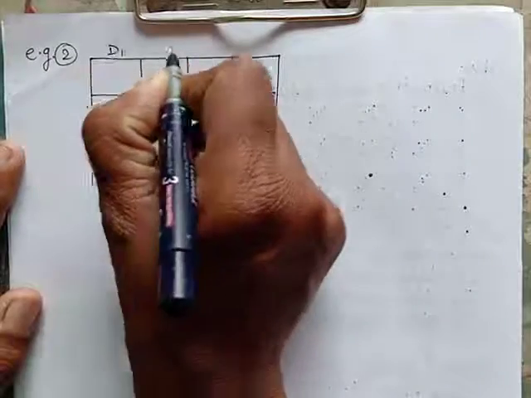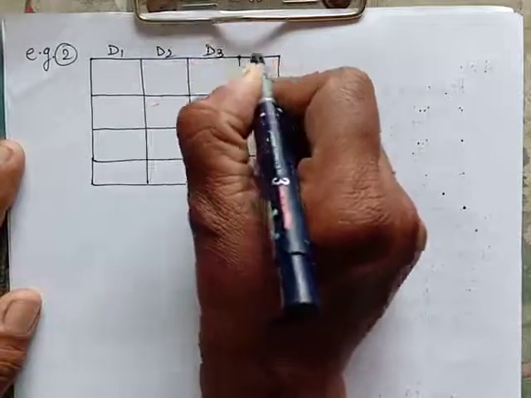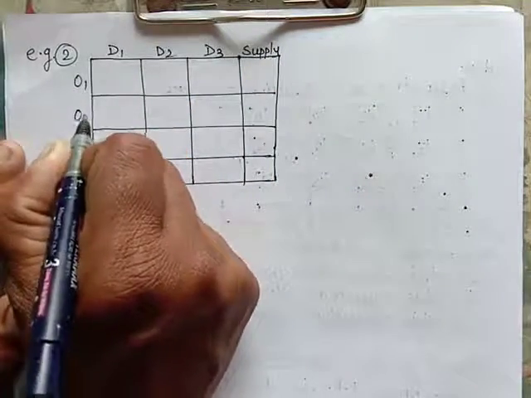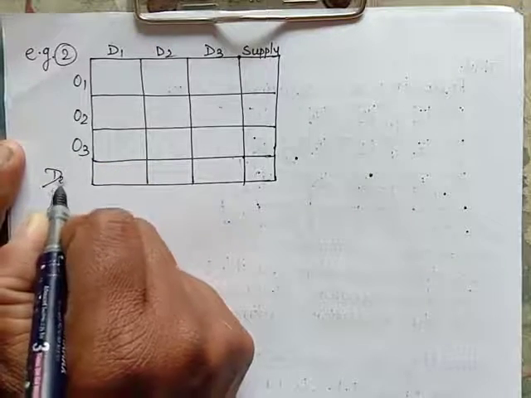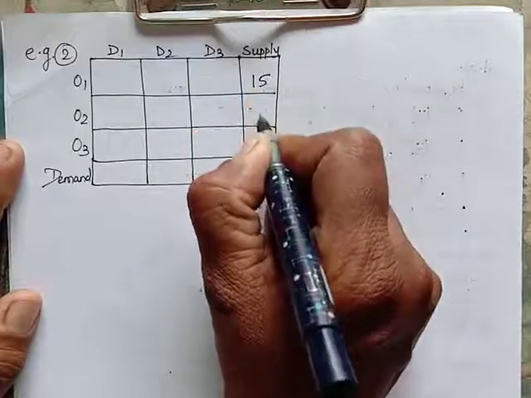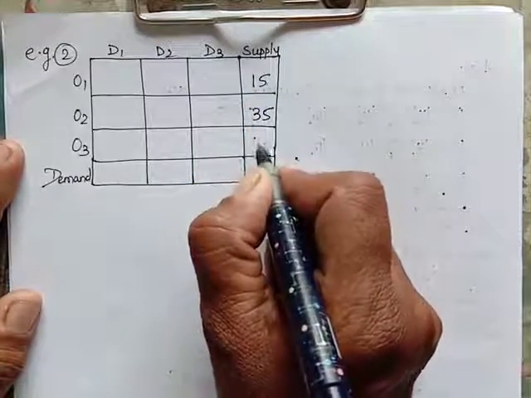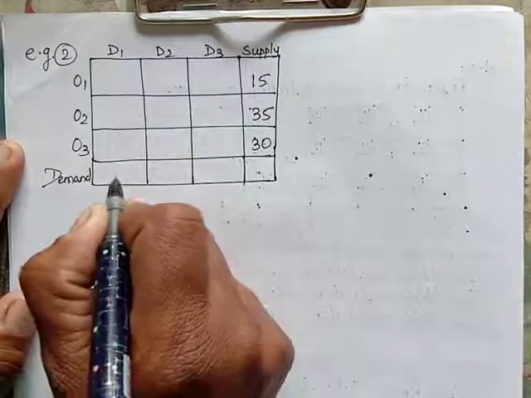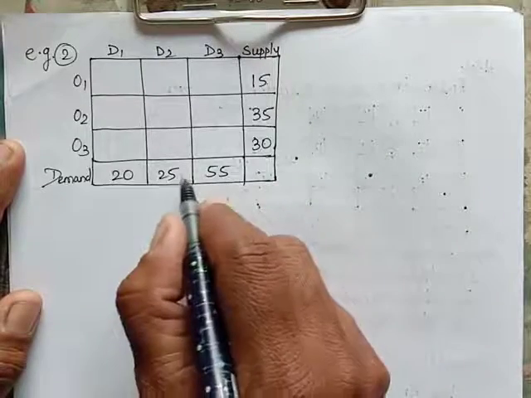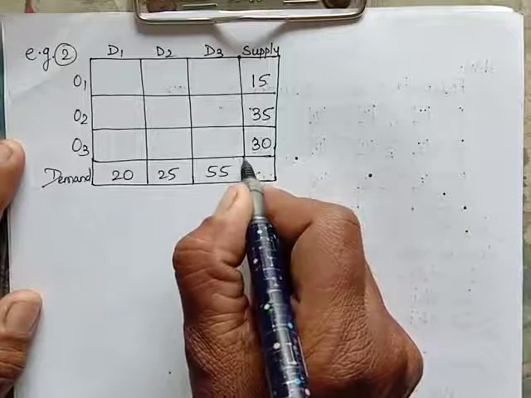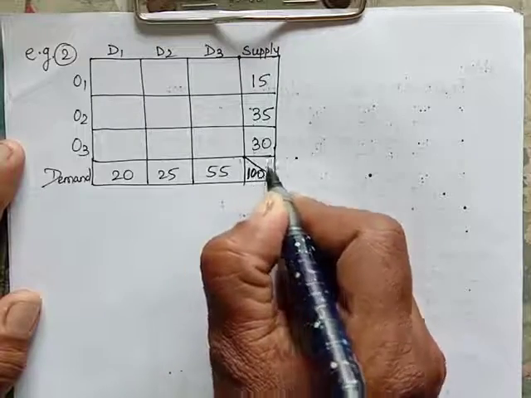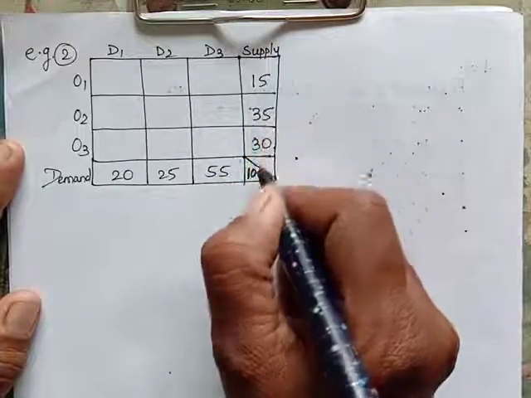Here O1, O2, O3 and D1, D2, D3. The supply is 15, 35 and 30 and the demand is 20, 25 and 55. So demand is 20 plus 25 plus 55, that is 100, and supply is 15 plus 35 plus 30, so 80.